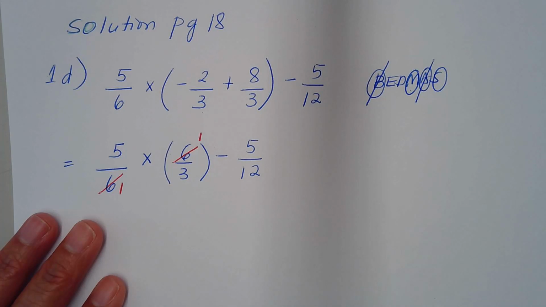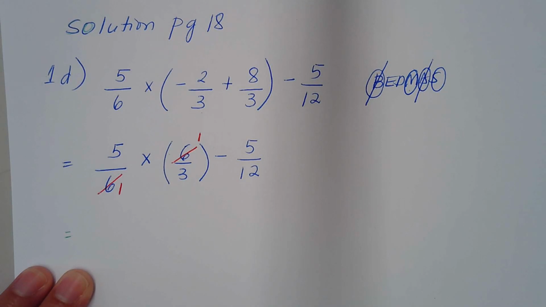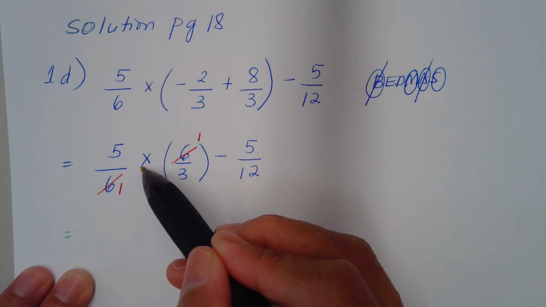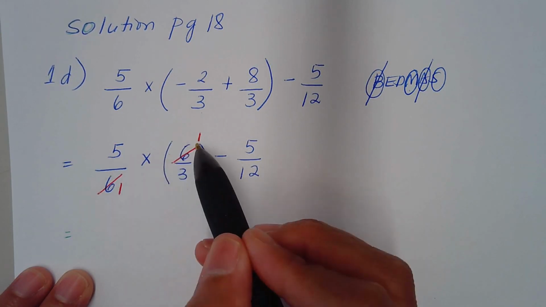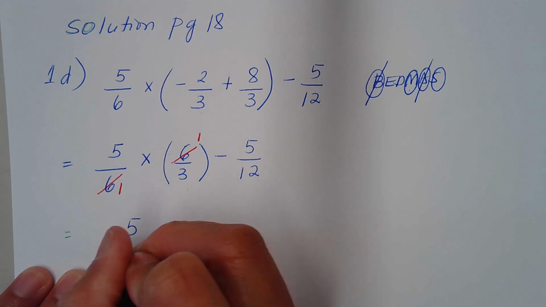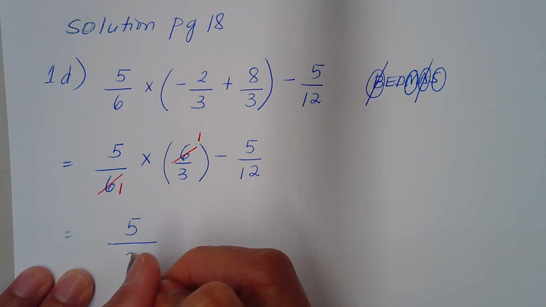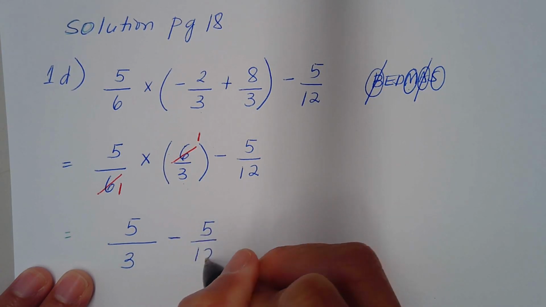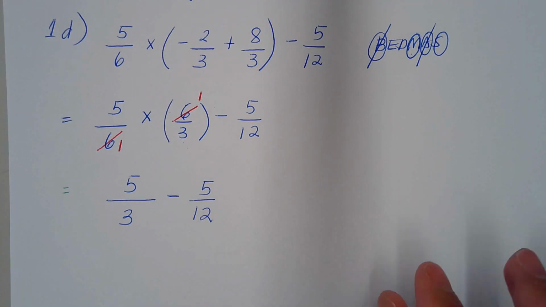So now it becomes 5/1 times 1/3. So let's do that. 5 times 1 is 5. 1 times 3 is 3. Minus 5/12. Okay. So far so good.